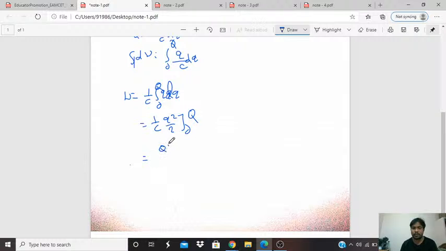So it will be Q square by 2C. Or you can take Q equal to CV: C square V square by 2C. The C's get cancelled, giving 1 by 2 CV square.